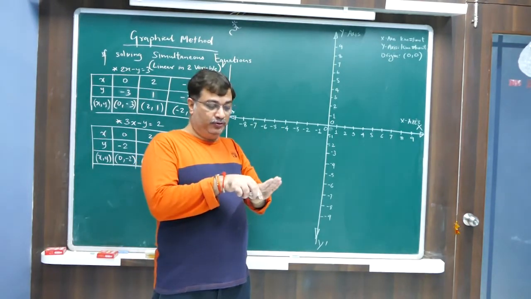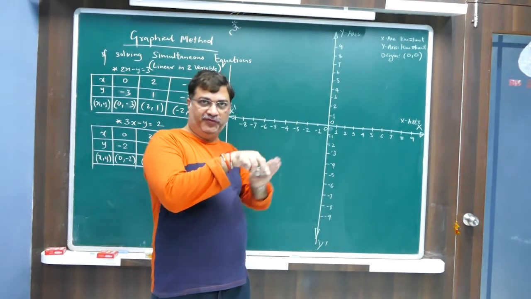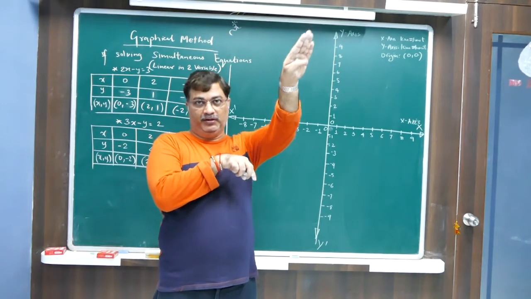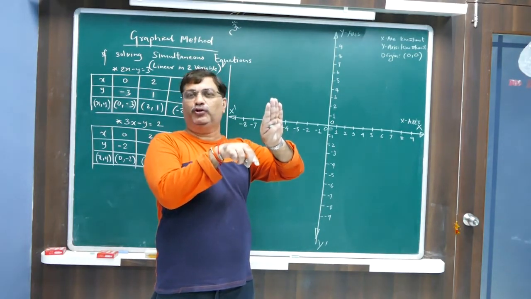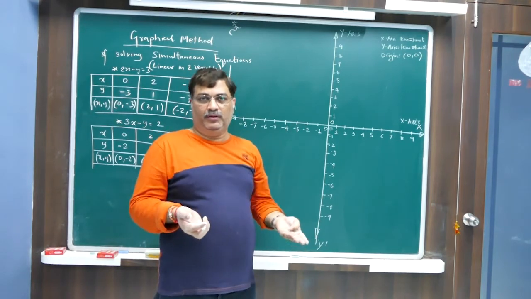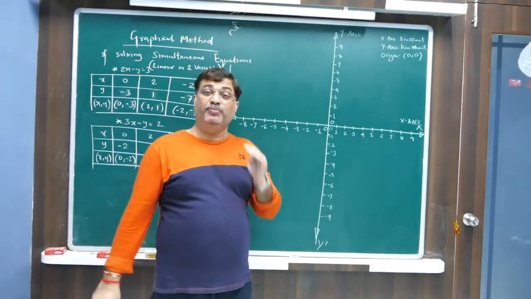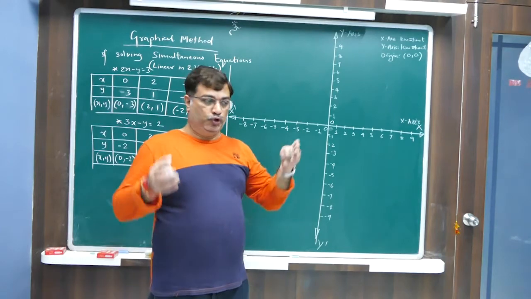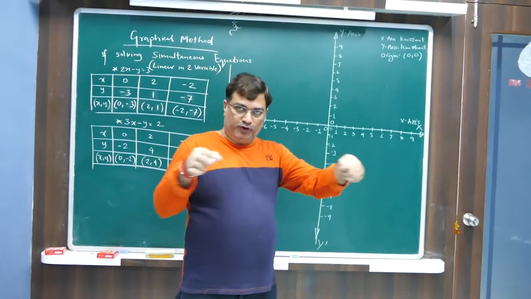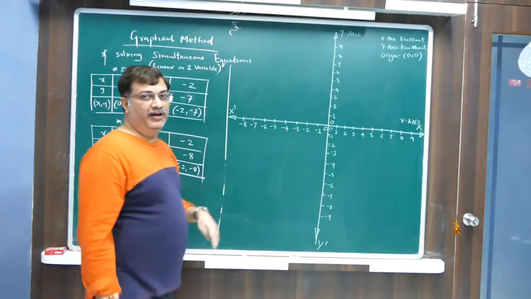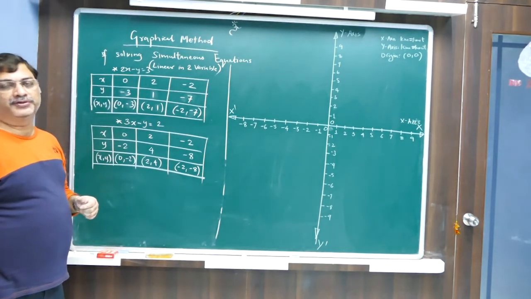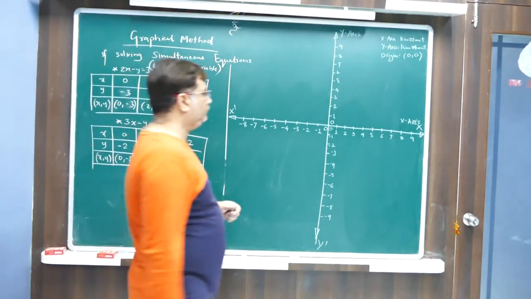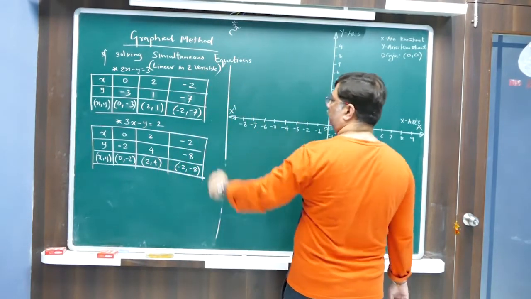You may not be well versed with shifting the ruler properly parallel, so you may slightly tilt it by 2 or 3 degrees and not realize it, and then your answer may not be accurate. So take a longer scale, the foot scale. That will help you do it with more accuracy.